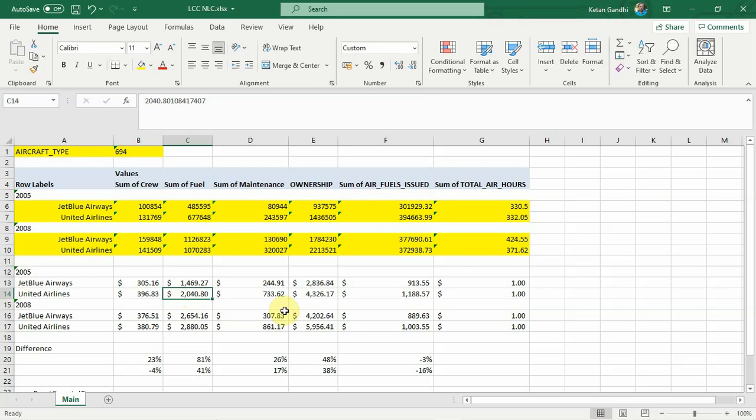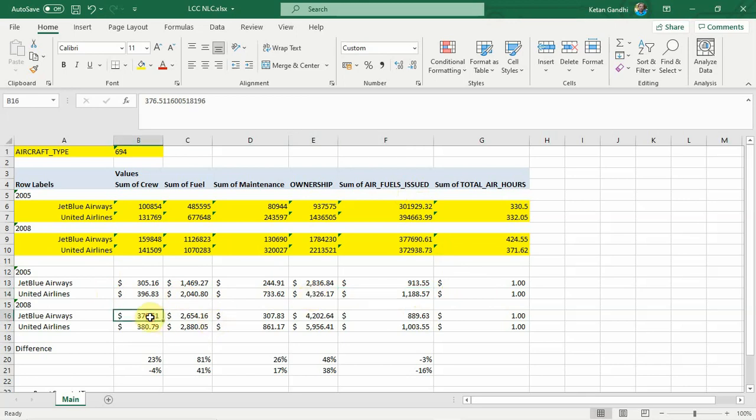Then the cost of the fuel was approximately 20,000, and the maintenance cost was 7,000 per hour. Then the ownership cost was $43,000 per hour, and then we have $11,000 of air fuel issued, and this is for the year 2005 per hour calculations.